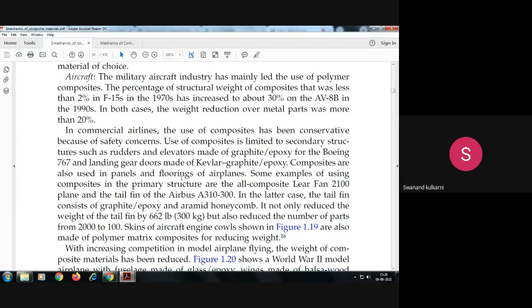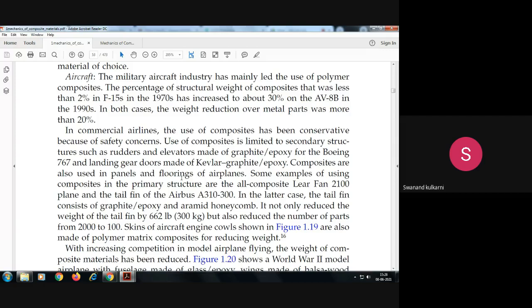Means how the weight has impact in aircraft, that we can understand. This is one simple example. So from that point of view, the weight saving material is polymer matrix composites, and that's why it is largely used in case of commercial aircrafts. Is it okay?